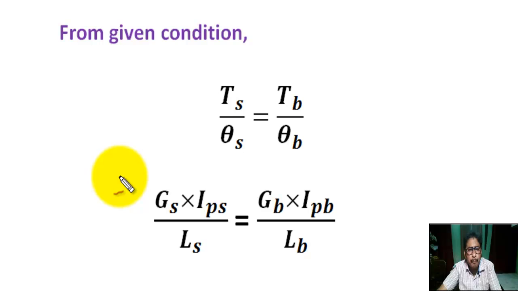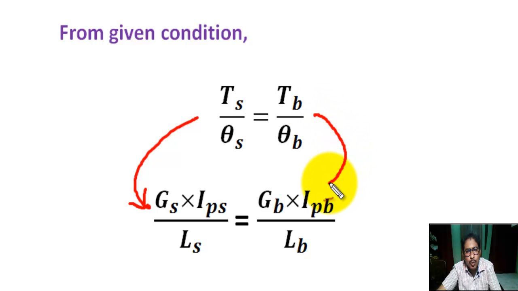Now, from the previous relation, Ts by theta s equal to Gs into Ips by Ls, and Tb by theta b equal to Gb into Ipb by Lb.